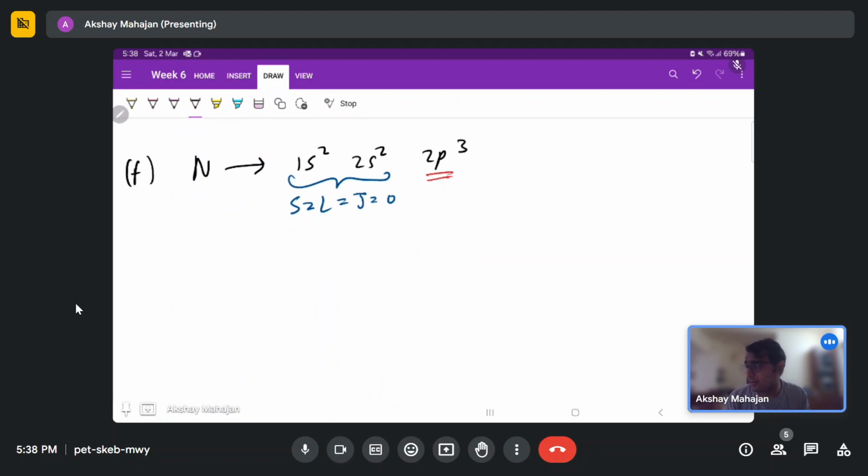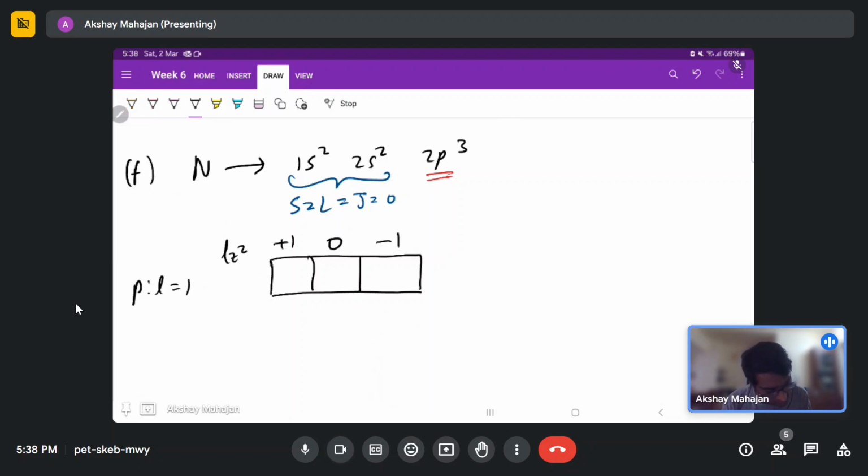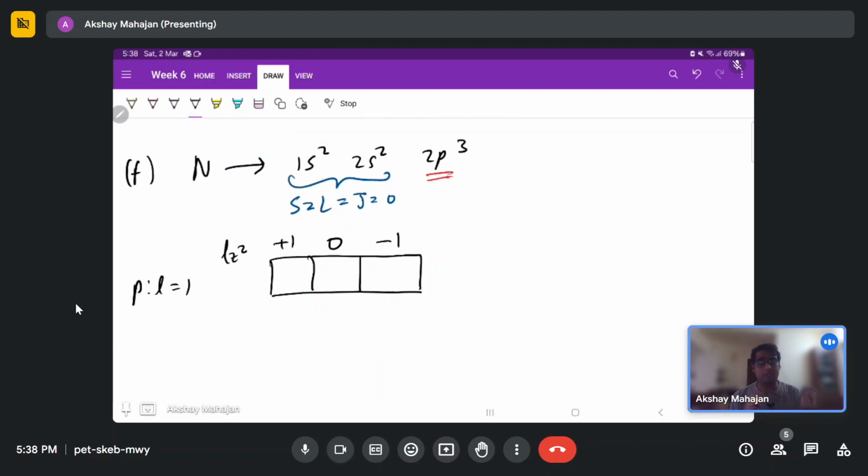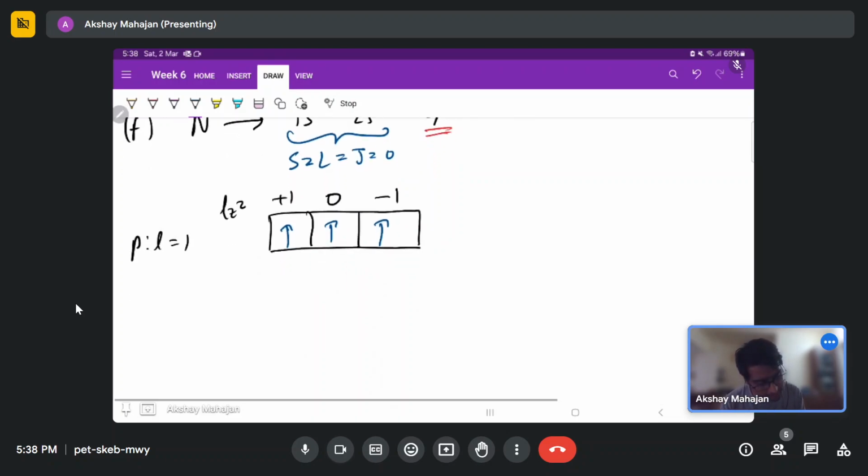So now we have p, L equals 1, and we start filling these electrons. Lz will be equal to plus 1, 0 and minus 1. First we follow rule 1, which is maximizing the value of capital S. So all the electrons should be parallel with the same spin, and we have only 3 electrons, so they could be filled like this.